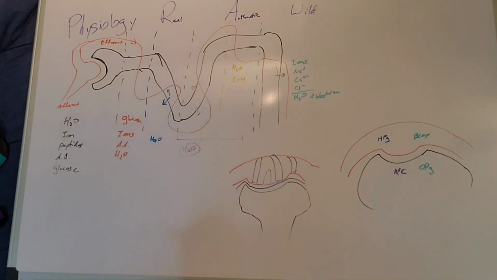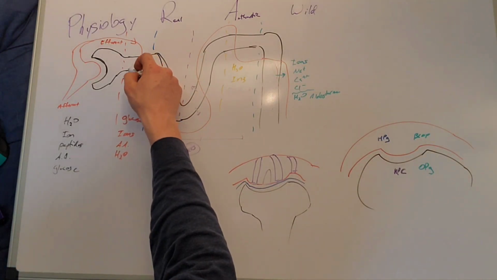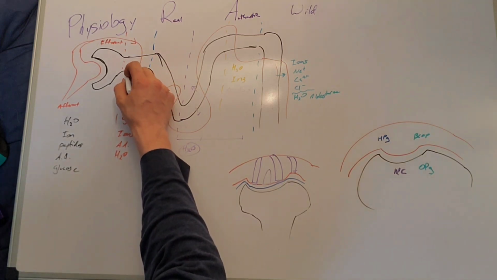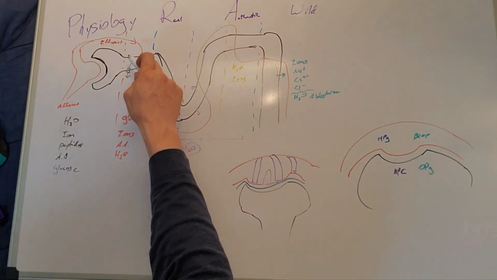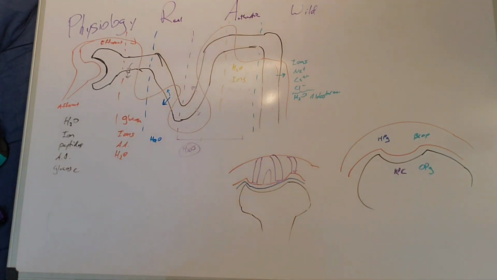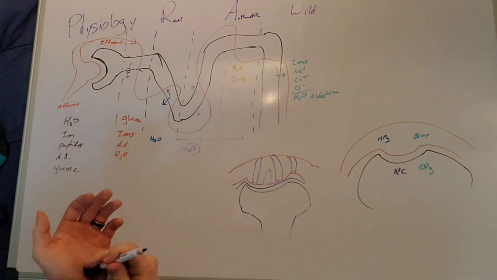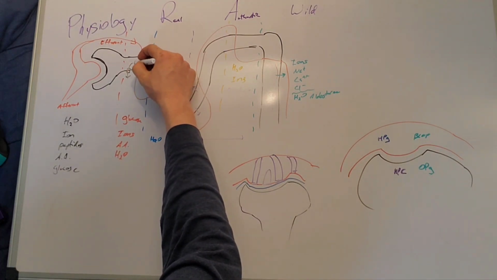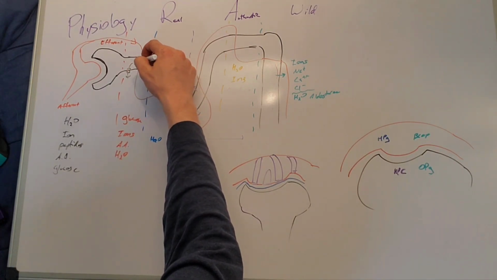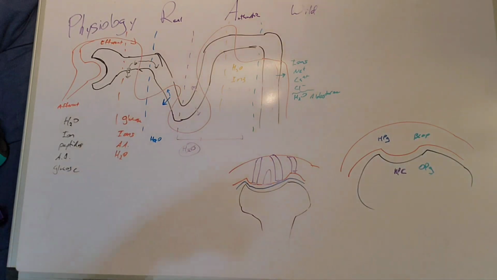But if there's so much glucose in this fluid, there are little proteins that need to transfer glucose back out. Sometimes those get oversaturated. It's too full. So some glucose, I'm just going to put a little G to signify glucose, will just escape and keep moving down.